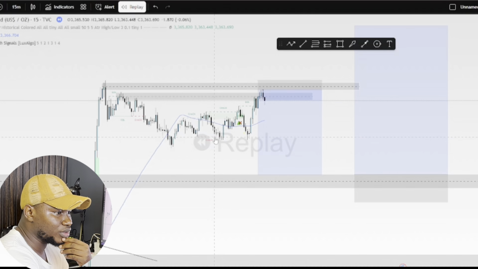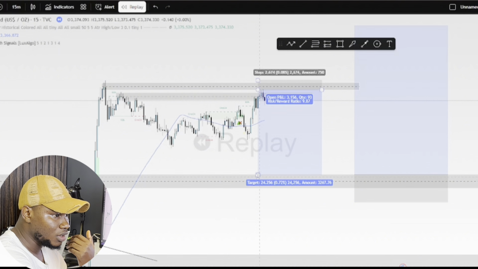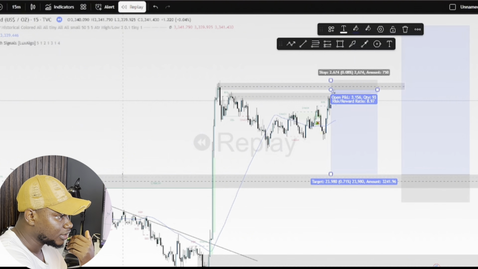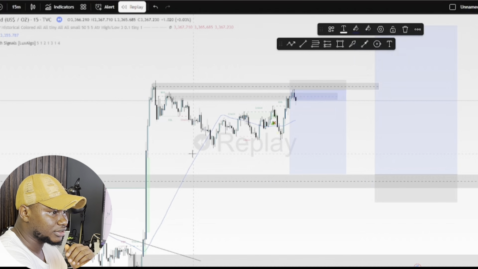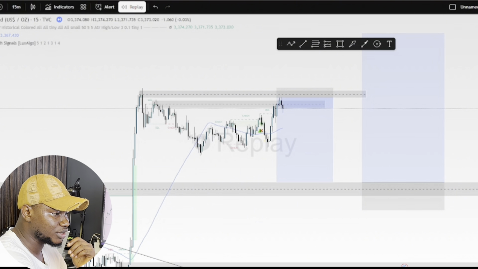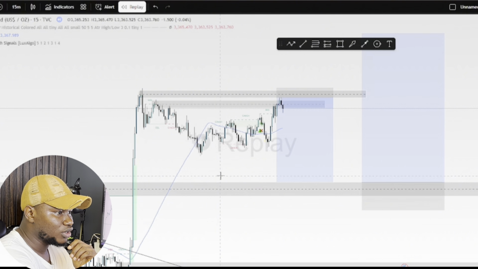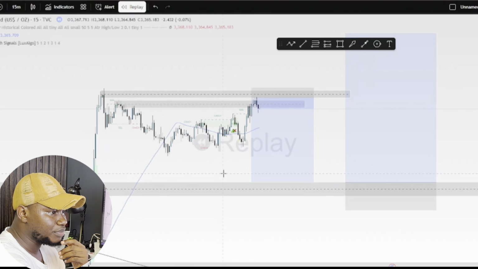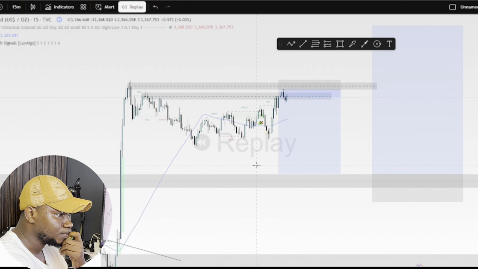Okay, so now what are we going to do next? What we're going to do next is I'm just going to continue this, so we get to see what happens on this trade. So right now the trade has been triggered, so we're looking forward to a full TP on this particular trade.